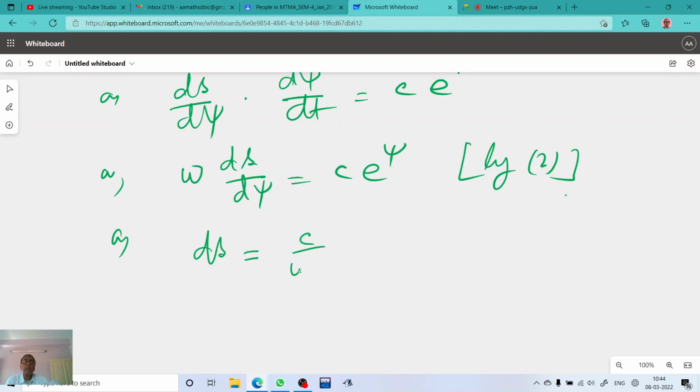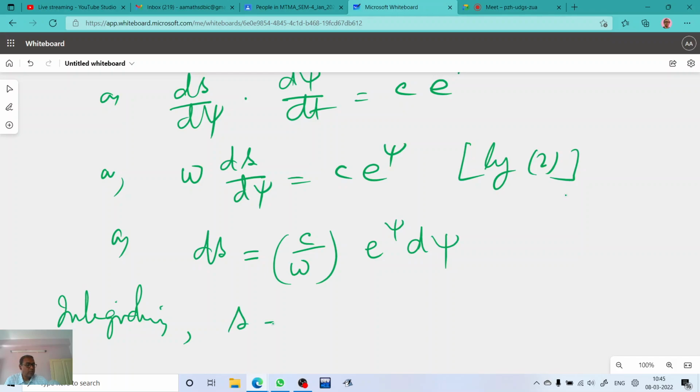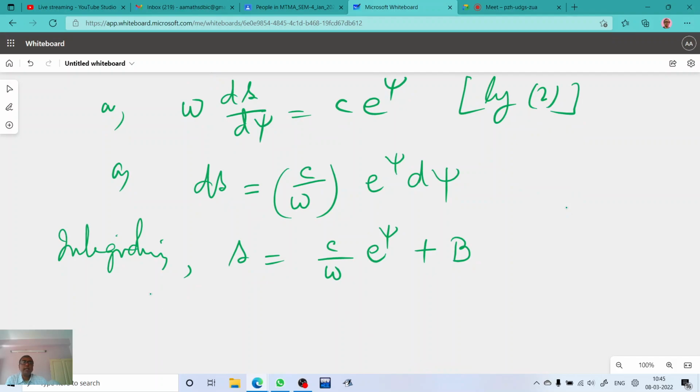So omega ds/d psi equal to c exponential psi, or ds equals to c by omega into e to the power psi into d psi, and integrating this we get s equals to c by omega e to the power psi plus some constant b. B is a constant of integration, and c, omega, b are constants.